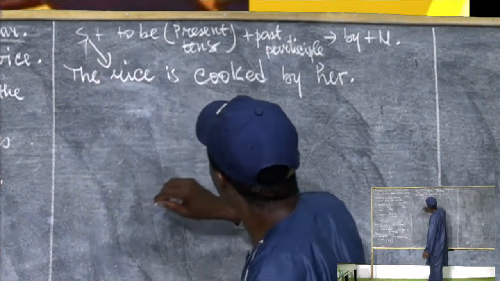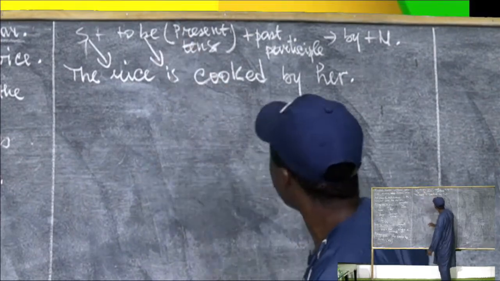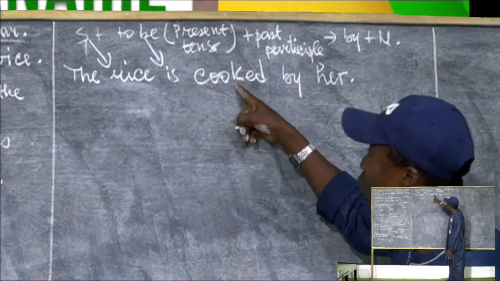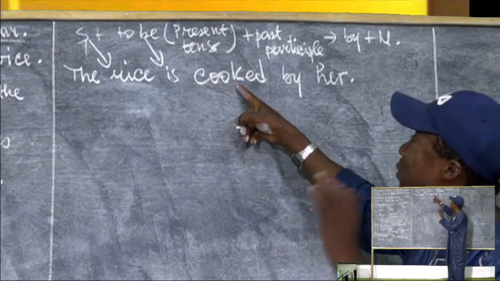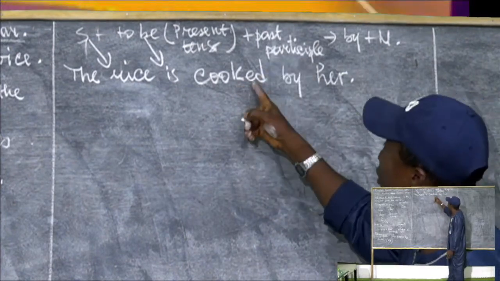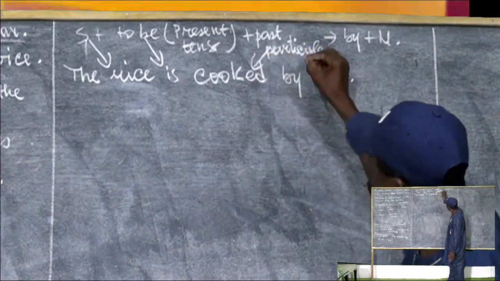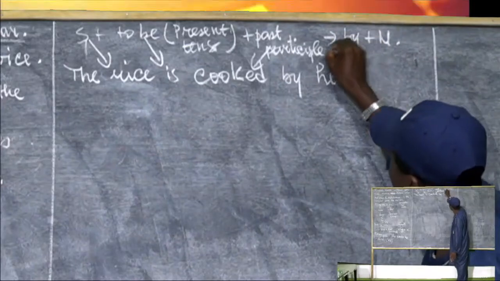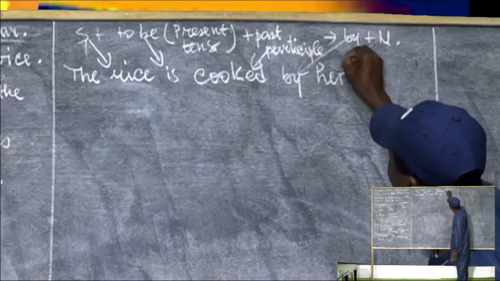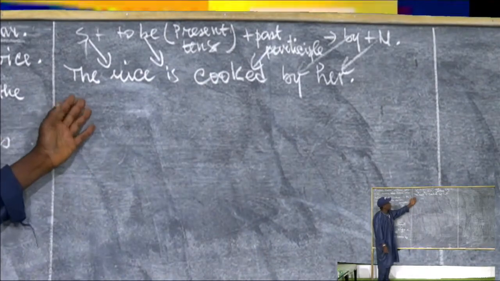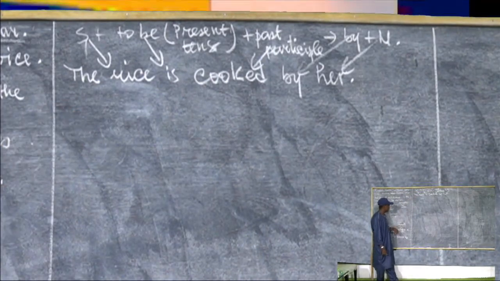To be is conjugated to the simple present. Then you have the past participle of the verb to cook. This is a regular verb ending in ed, so cooked is the past participle, by is the agent, and her is the noun.